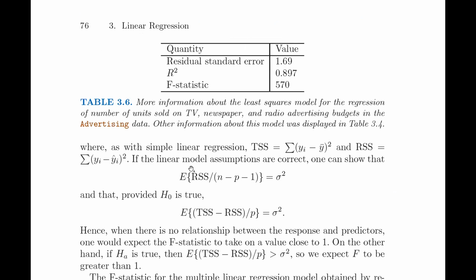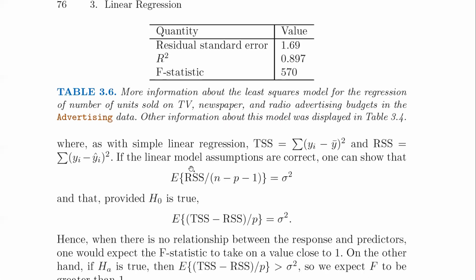Okay, so first of all, table 3.6 has more information about the least squares model for the regression of number of units sold on TV, newspaper, and radio advertising budgets in the advertising data. Other information about this model was displayed.